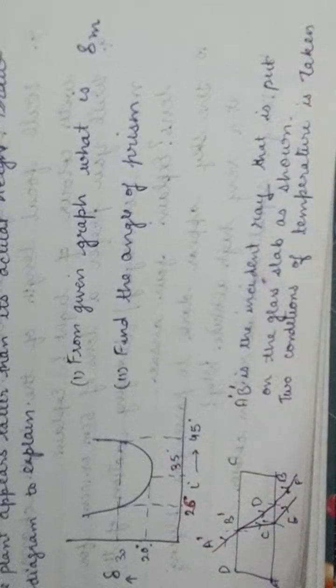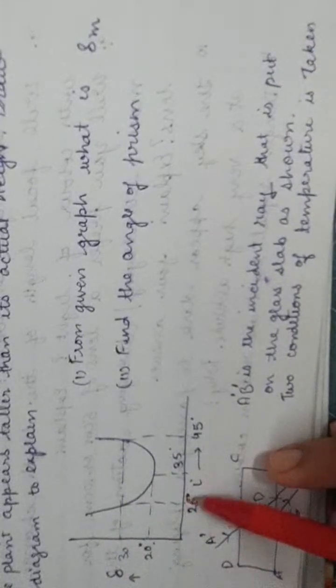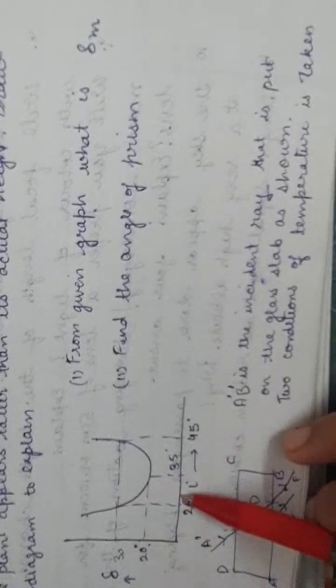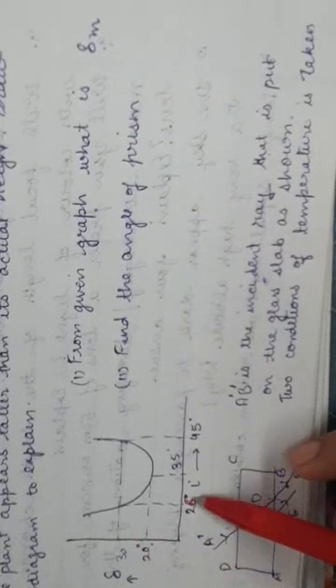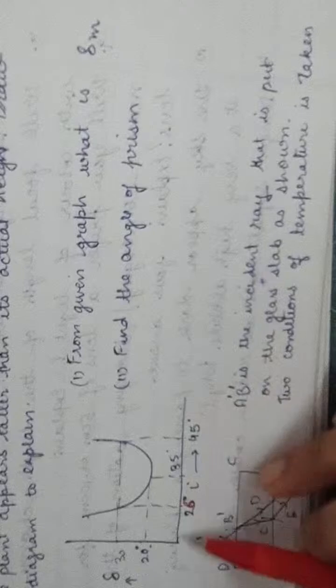But when it is other than 20, you will always find two values of I. Suppose you are taking 30, here you have 25 and here you have 45. So at 30 degrees of delta you get I to be 25 and E to be 45, or you can also say this could be I and this could be E.